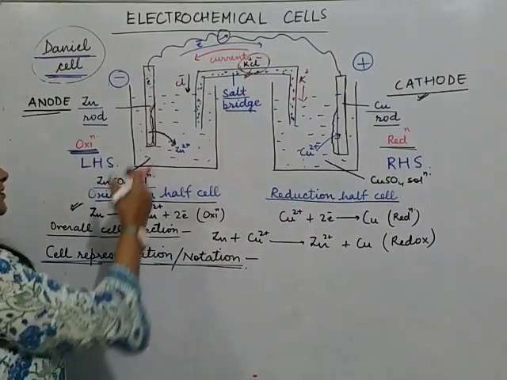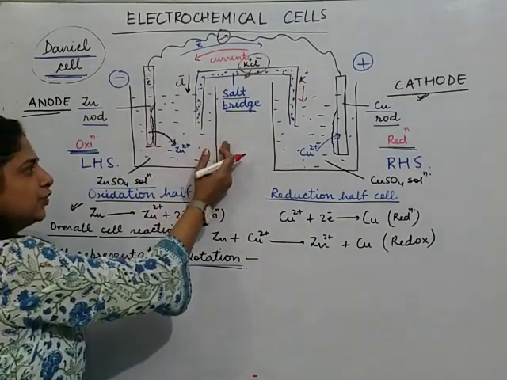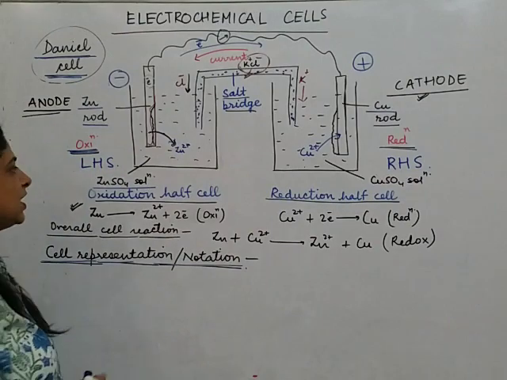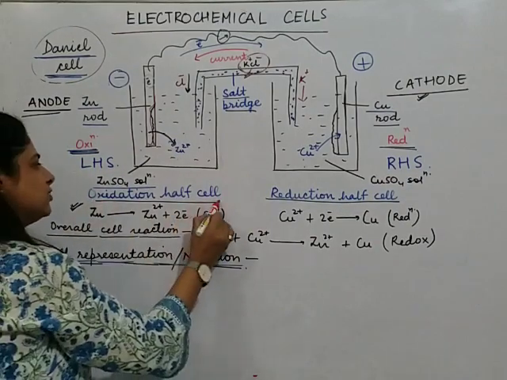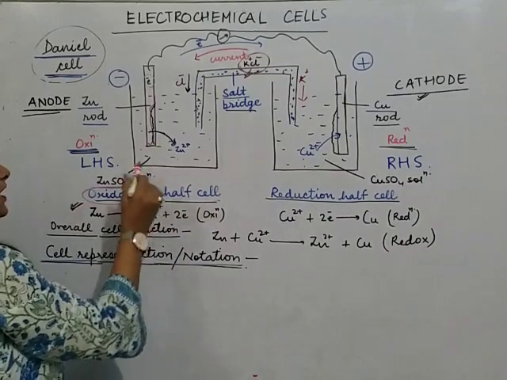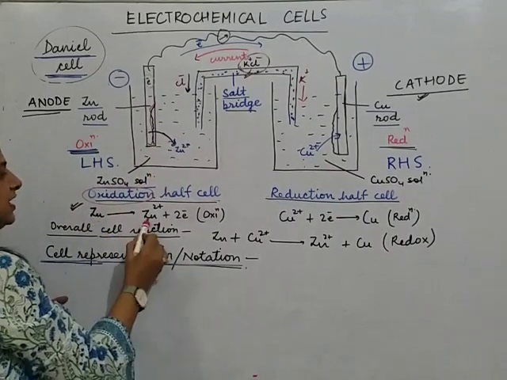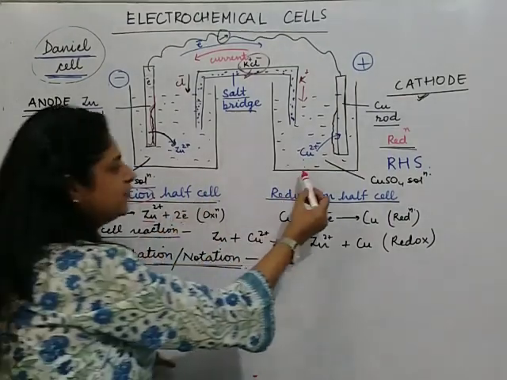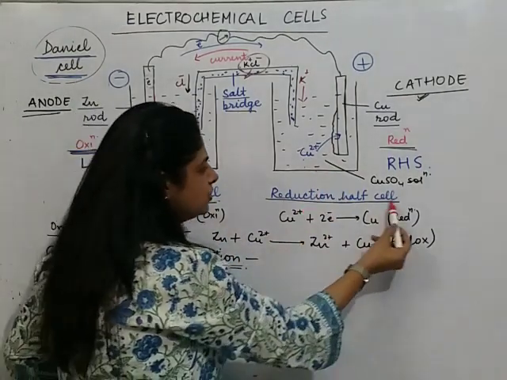Now this is called the oxidation half cell, while this is called the reduction half cell. What is the reaction taking place in the oxidation half cell? Obviously, zinc is getting oxidized by losing electrons. And what is the reaction taking place in the reduction half cell?